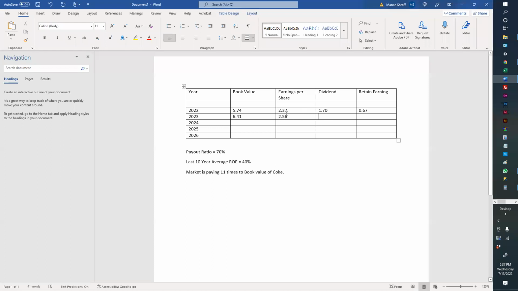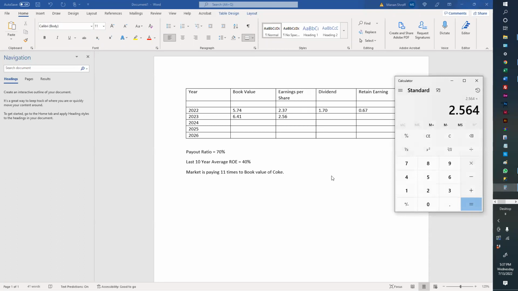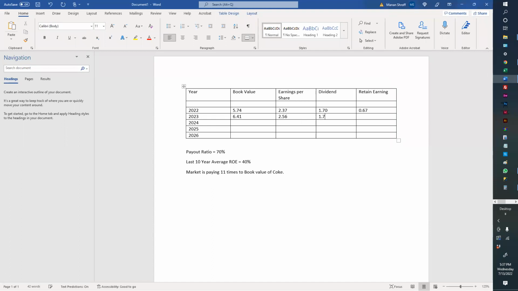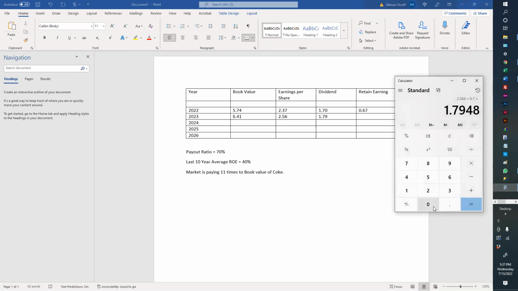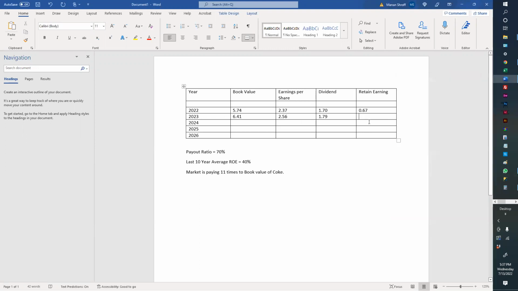Now, out of $2.56, 70% it's going to pay out as a dividend. So it's going to increase the dividend to $1.79. Now it's left with $0.76. This 76 cents will be added to this book value and create the new book value for year 2024.